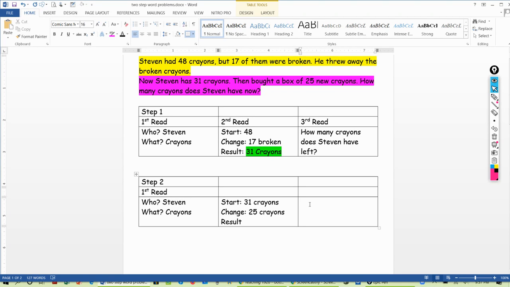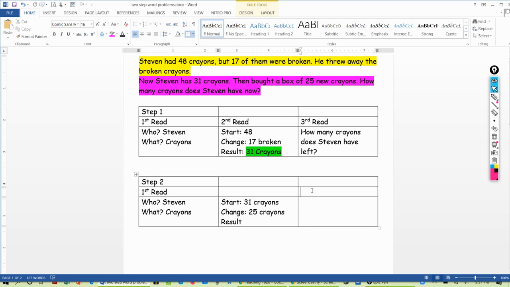So he already has 31, and then he bought 25 more. The word "more" is not there. The question "how many does Stephen have now" doesn't say how many he has in all, but it says how many he has now. But if you make a drawing or a movie in your head, imagine Stephen having 31 crayons, and then he buys a box of 25 more. Then he would join both, the leftover crayons and the new crayons, and that's how you'll know how much he has now.